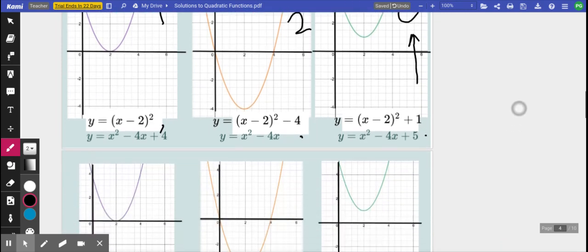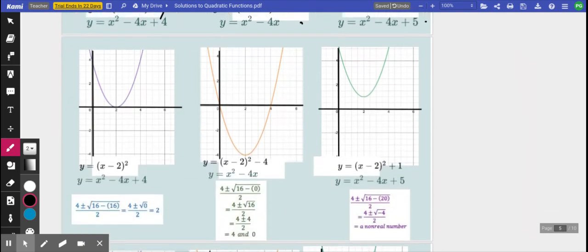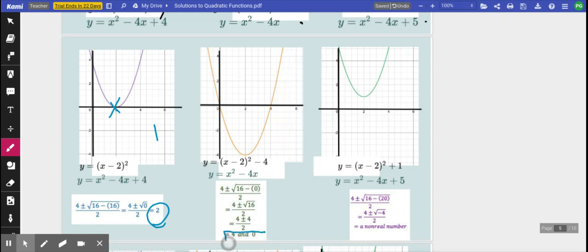All right, so let's get a little more specific. If we find out what the solutions are for each of these different situations using the quadratic formula, we come up with, in the first example, the solution is 2 because the vertex is on the x-axis. So there is one solution. For the second example, we came up with two different numbers, 4 and 0, because those are the x-intercepts of the parabola.